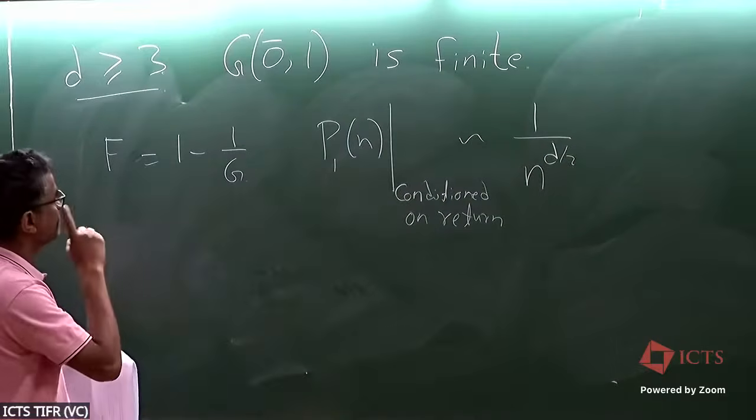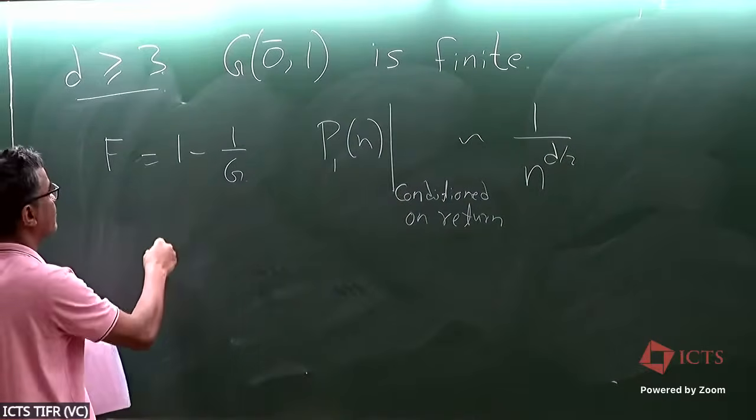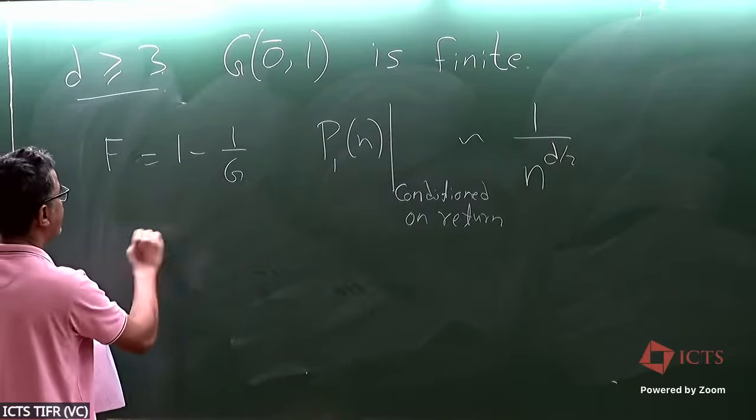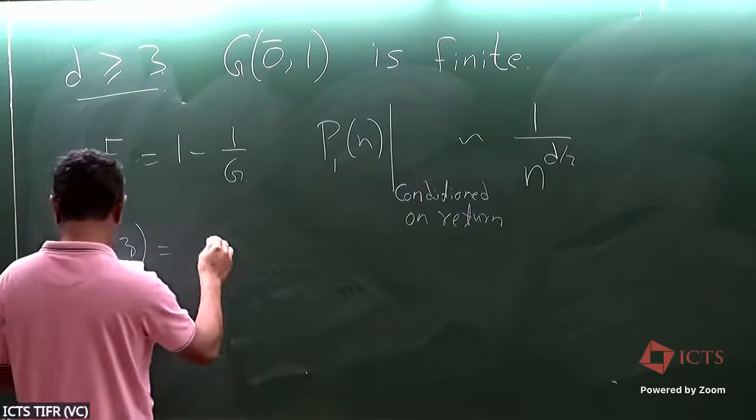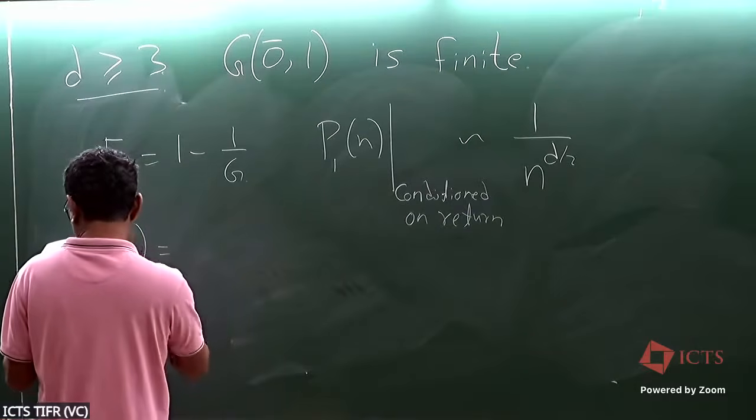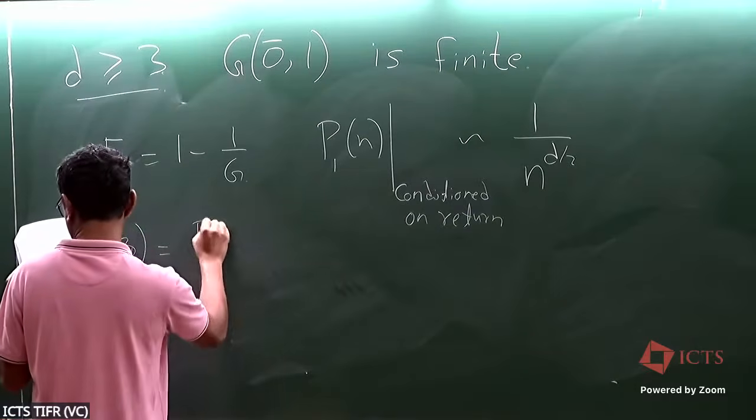If you do this calculation again, what you should find is that f of z is basically R naught.